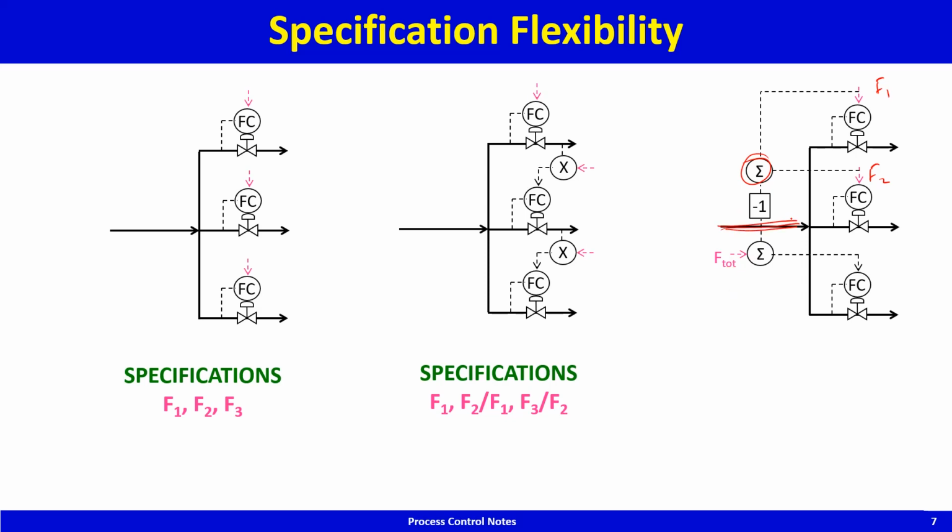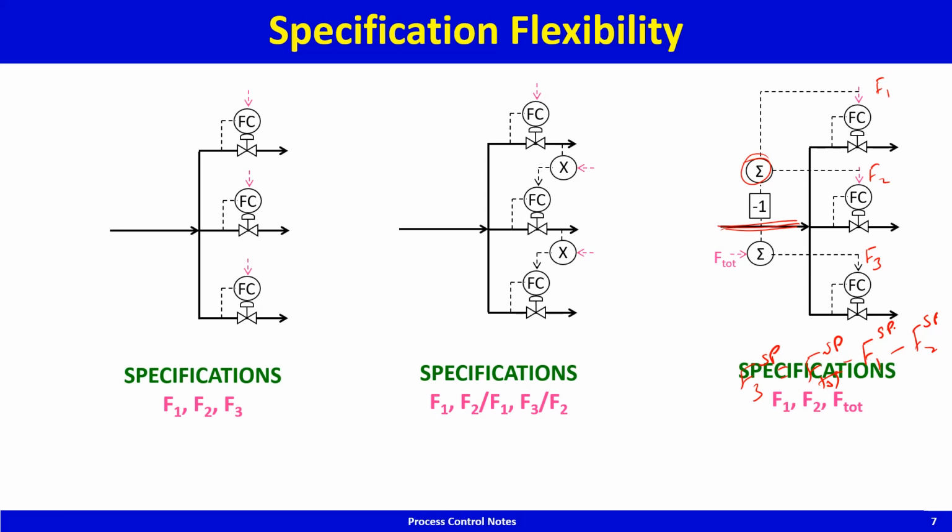Subtract it from the total flow that you want, the desired total flow, and the third flow set point, F3 set point, is then F3 set point is equal to F dot set point minus F1 set point minus F2 set point. Yeah, that's what we are doing here.